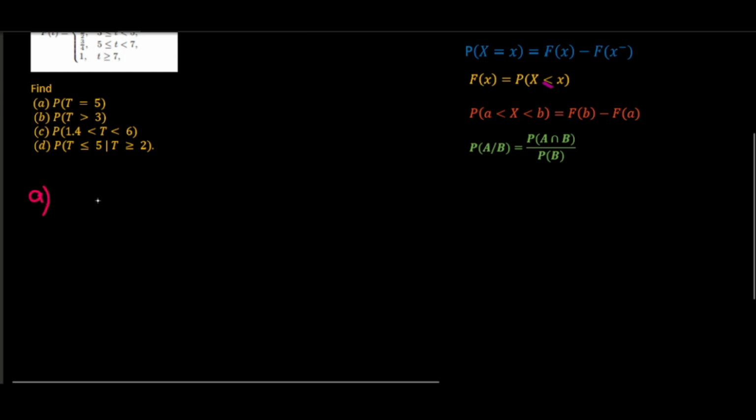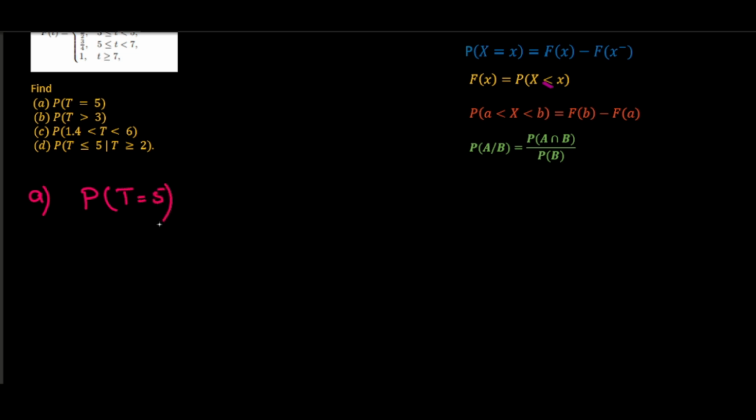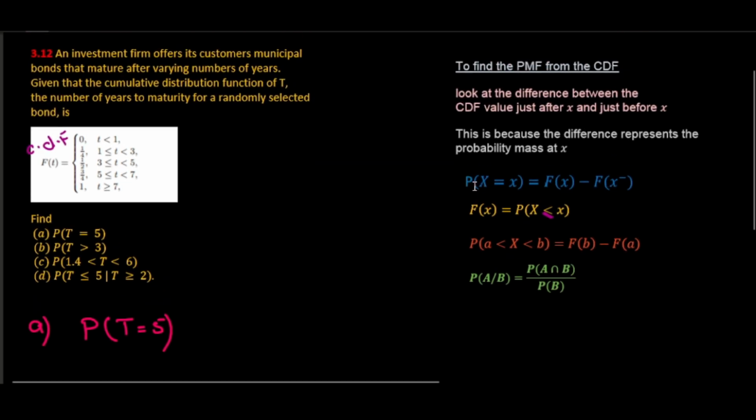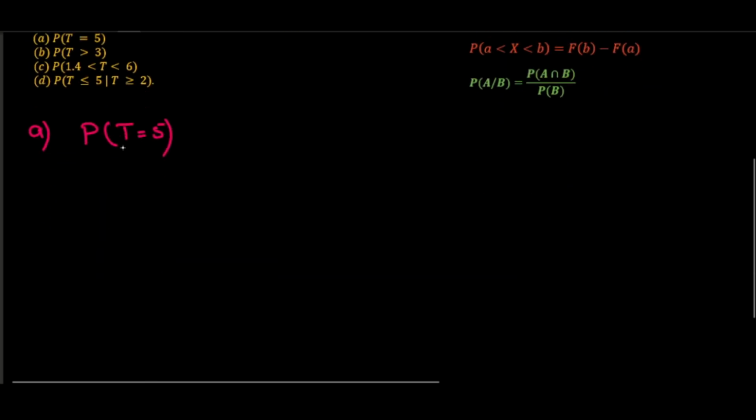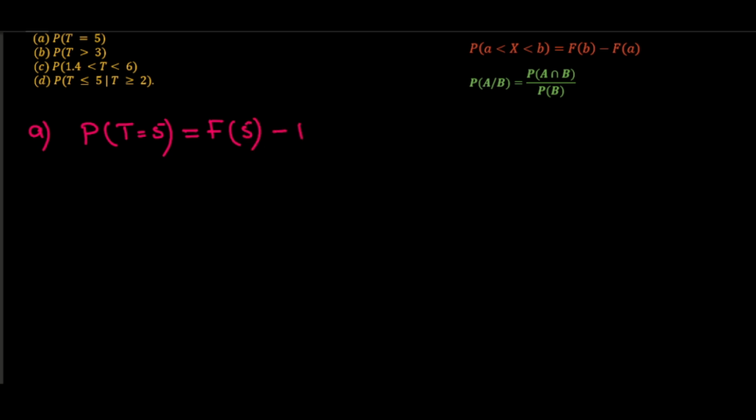So the first part: we will find the probability of capital T equal to 5. This means we are going to find the probability on a single value, so here we will use this formula, the probability that capital X is equal to small x is F of x minus F of x minus. Because we are finding the probability of T equal to 5, I can use F of 5 minus F of 5 minus. What is meant by 5 minus?